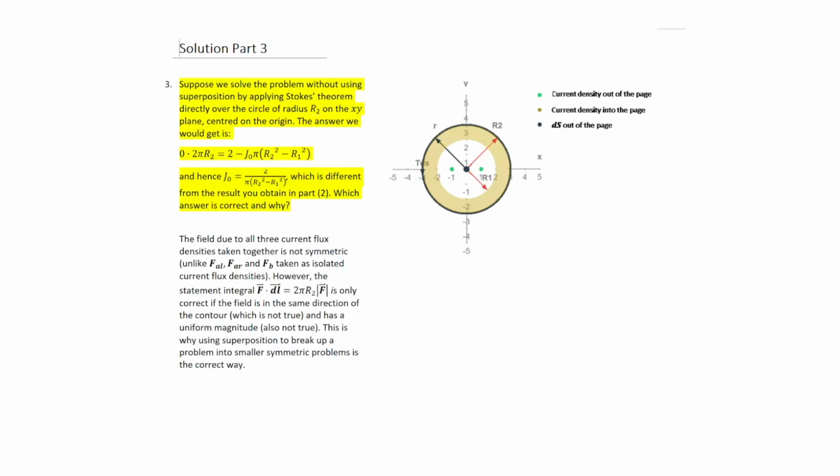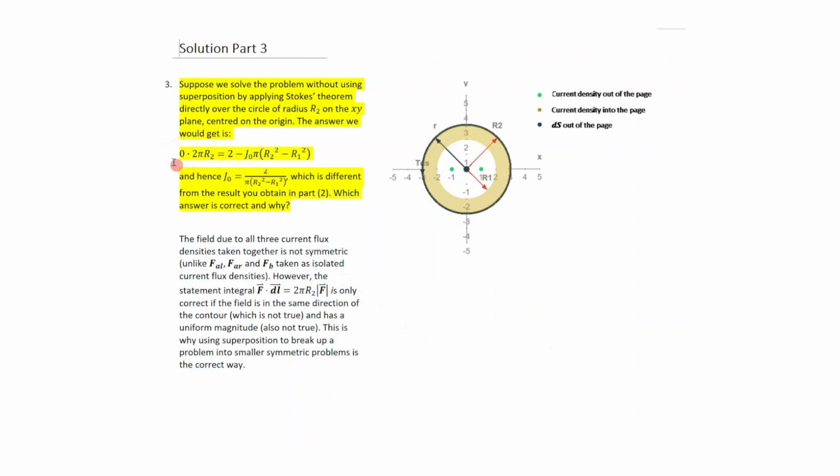All right, so the last part of the problem is part 3. Suppose we solve the problem without using superposition by applying Stokes' theorem directly over the circle of radius R2 on the xy plane centered on the origin. The answer we would get is 0 times 2 pi R2 is equal to 2 minus J naught pi (R2 squared minus R1 squared). You might say, well, this is the left-hand side.